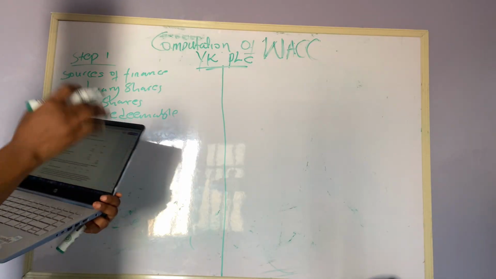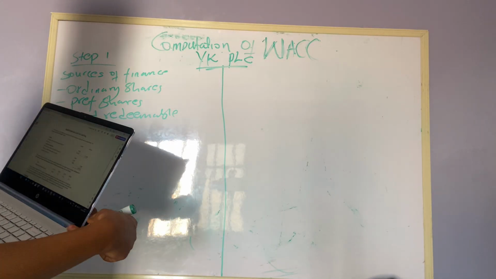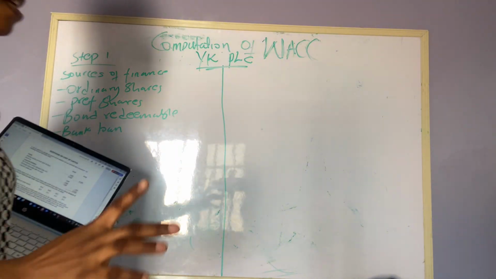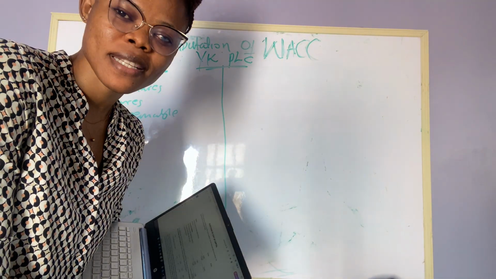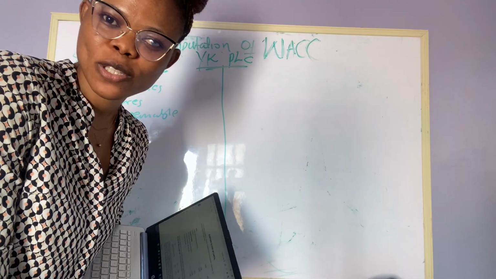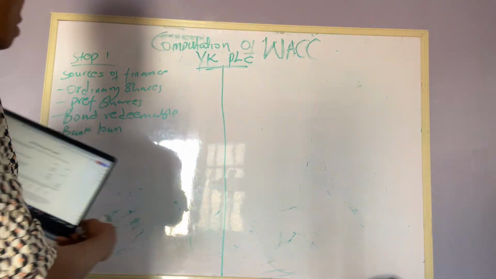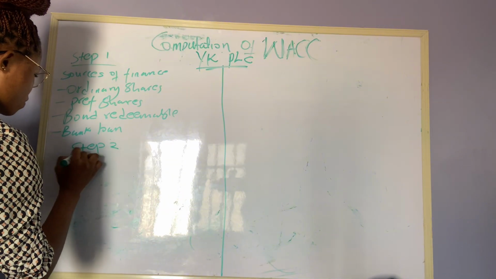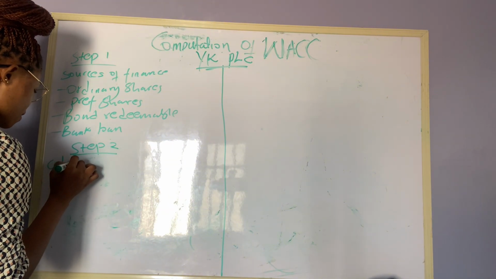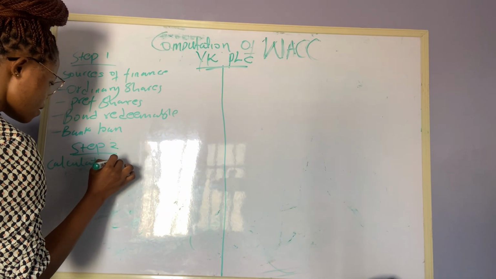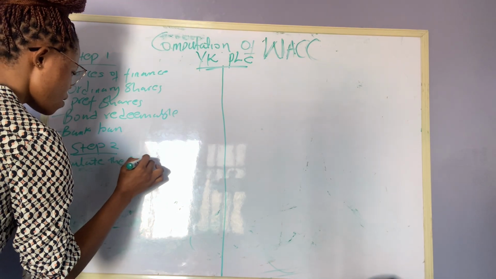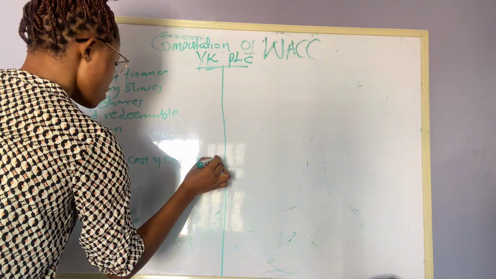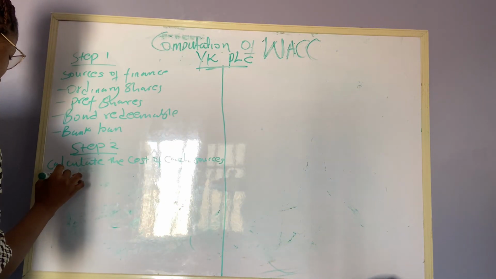So since we've identified our sources of finance, another thing we are going to do is pick it one after the other and compute the cost. That's according to our step 2. We should calculate the cost of each source of finance.